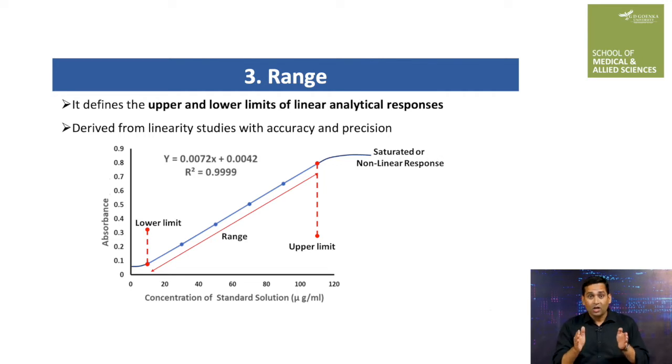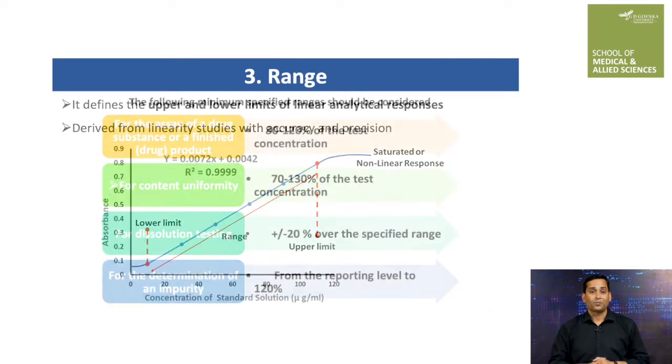Then only quantification of the unknown sample is considered validated, or we can use this response or y value to find out the concentration of the unknown solution of API.